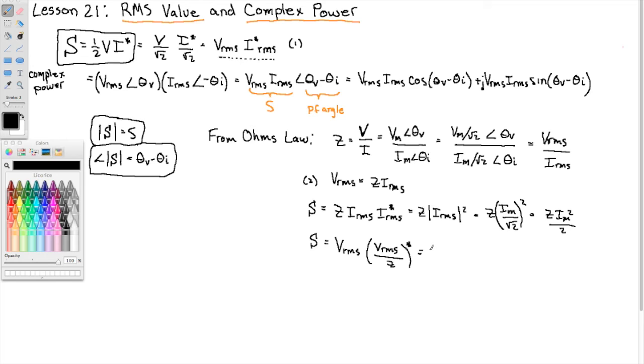And this turns out to be V RMS magnitude squared over Z complex conjugate.